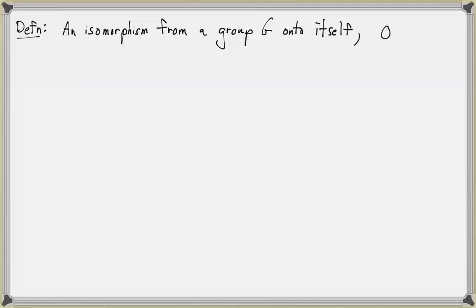So an isomorphism phi from group G onto itself, that maps G onto G, is called an automorphism of G.